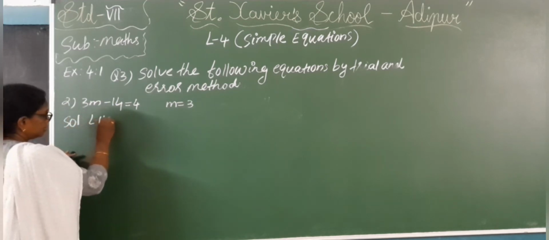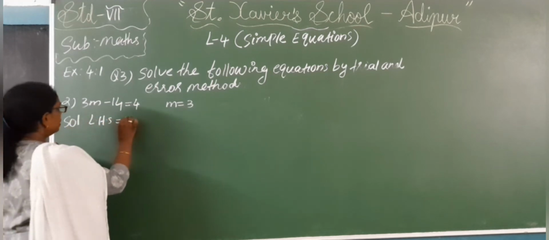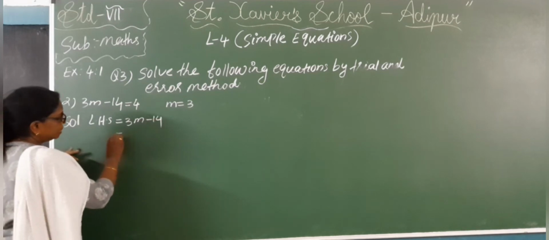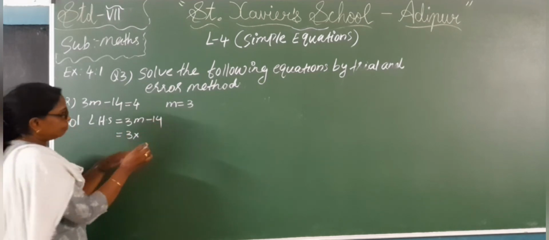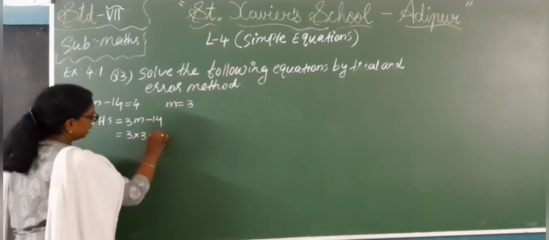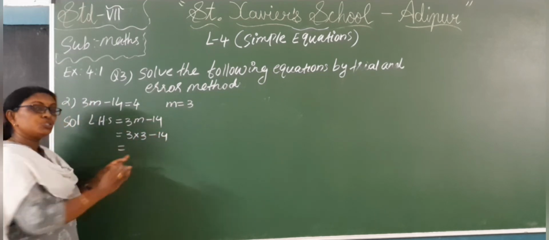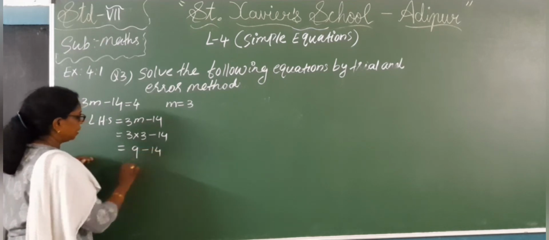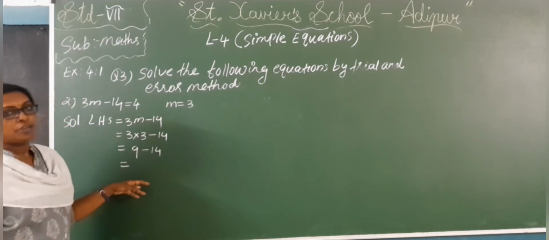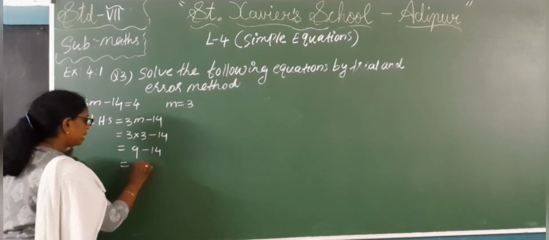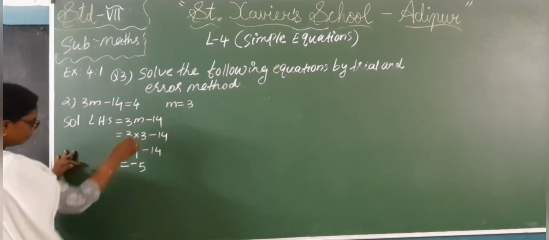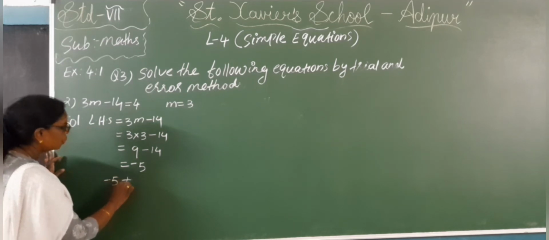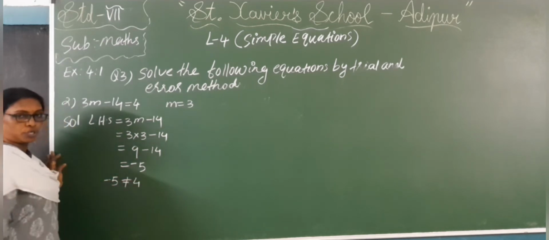LHS is equal to 3m minus 14. 3 into m, which is 3, minus 14. 3 threes are 9. 9 minus 14 is minus 5. So LHS minus 5 not equal to 4.